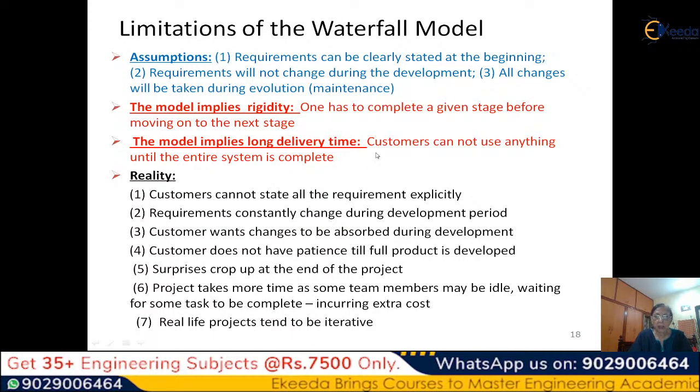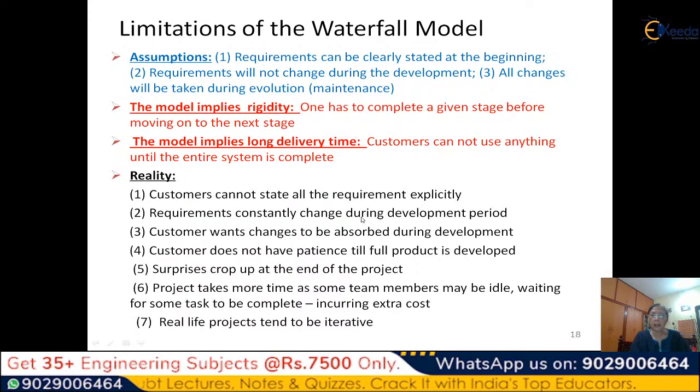The model implies long delivery time because of its linear sequential nature. You have to finish one, then go to the other one. It has a very long delivery and the customer normally doesn't like it. So the reality for the customer is totally different, exactly opposite to what we have stated here. The customer will not know what is required. He will not be able to tell you.